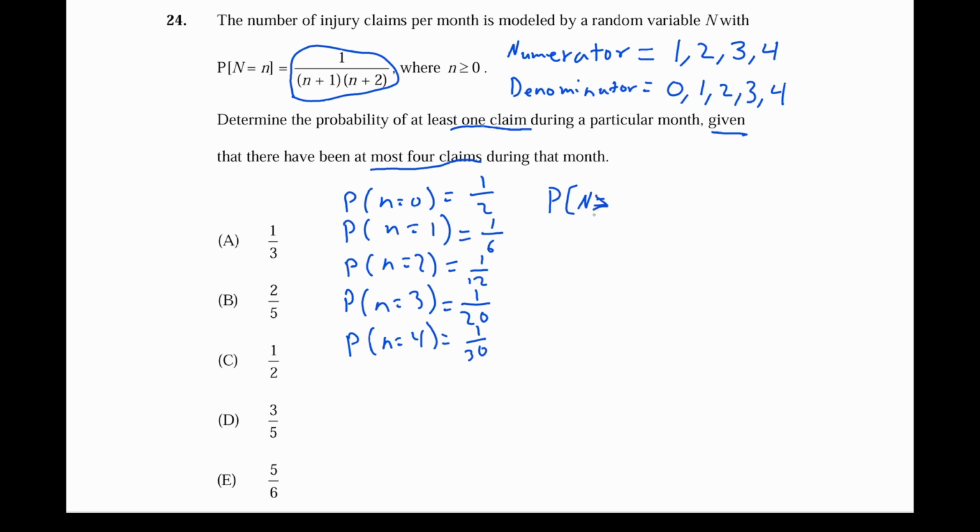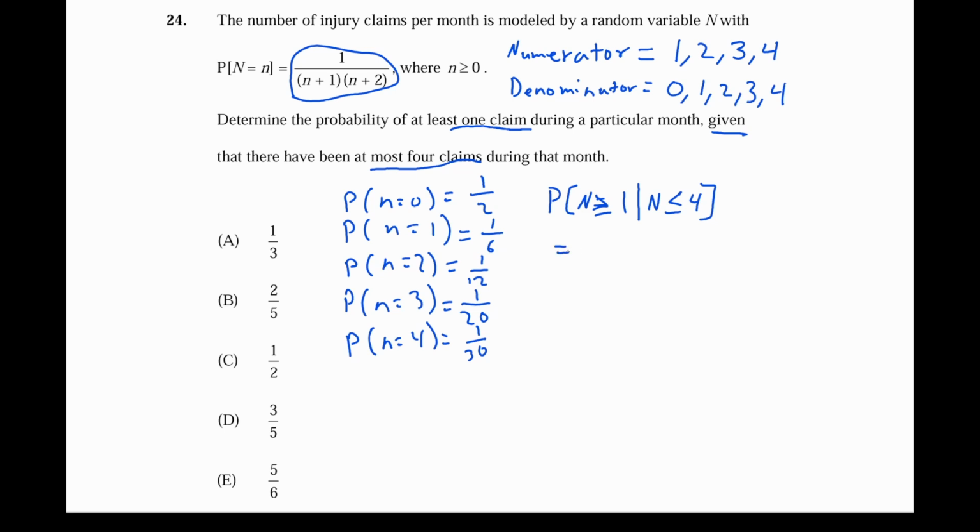So the probability that N is at least 1, given that N is at most 4. So this is the probability that we have at least one claim given that we have at most 4 claims.